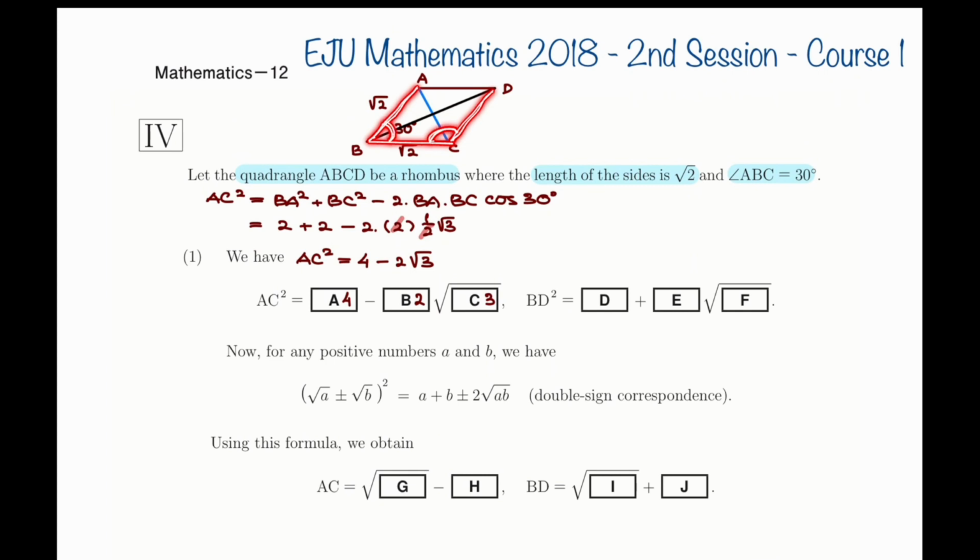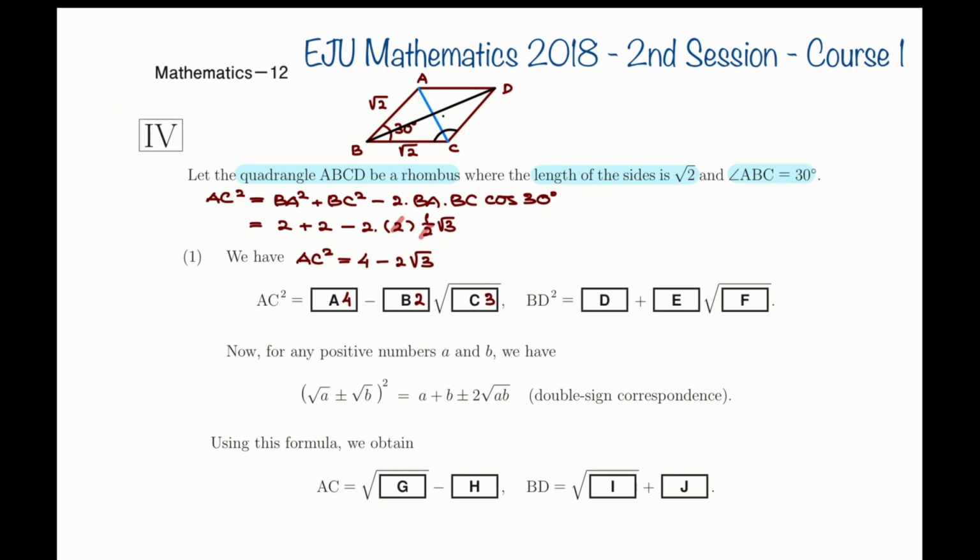This is what we call a corresponding angle. As you know, co-interior angles are supplementary, that means they add up to 180 degrees. So, since ABC is 30 degrees, I know that BCD is 150 degrees.